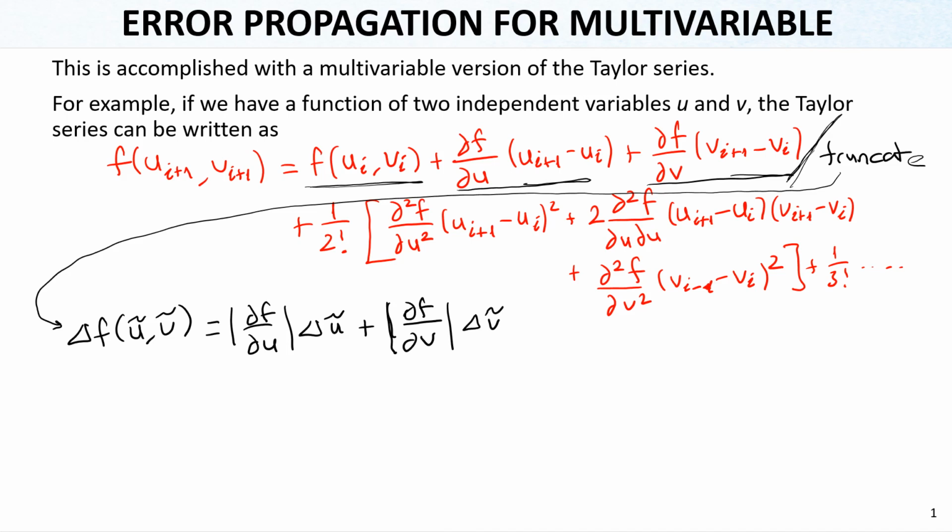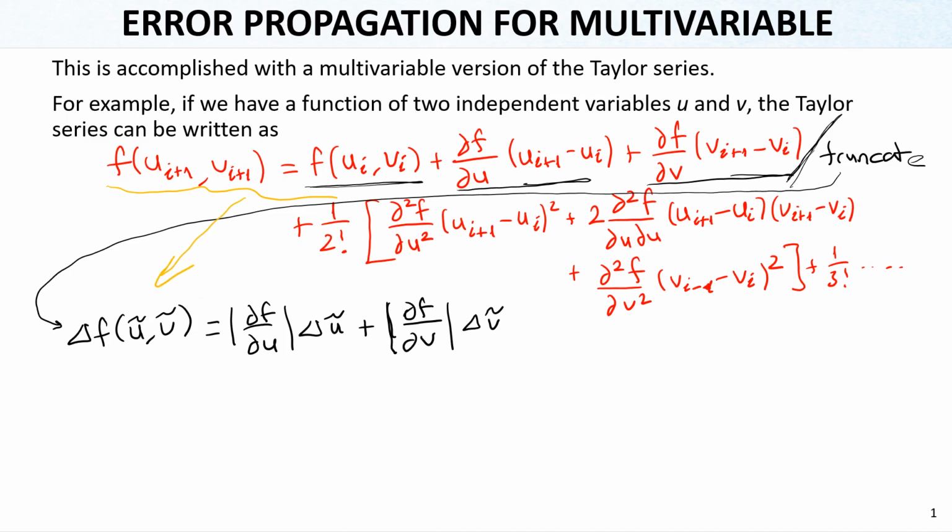So the first term, this one, is this one actually, and the second term is this one. So the remaining is this. Actually, we moved this to the left side, and it became f_{i+1} minus f_i, which gives us delta f.